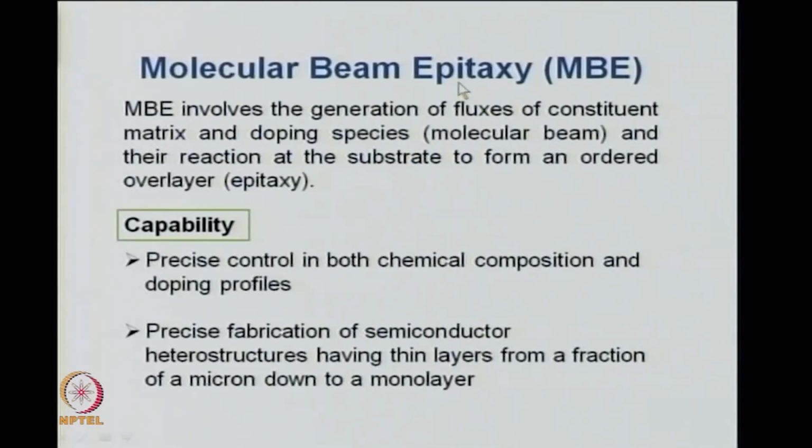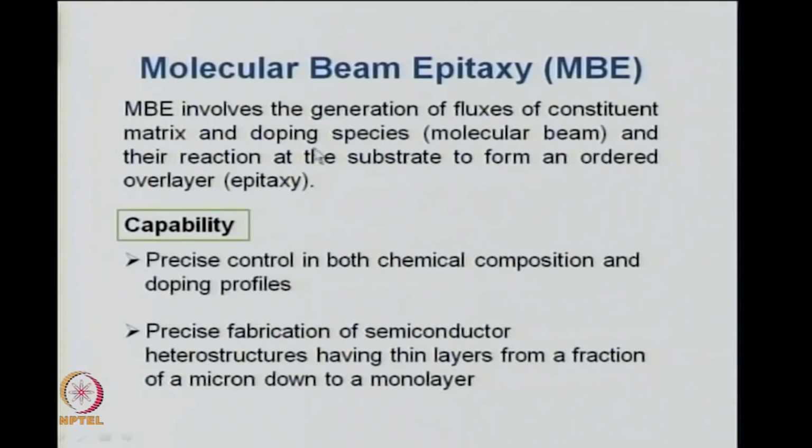By molecular beam epitaxy, MBE, what we mean is that we generate fluxes of constituent matrix and doping species to form a molecular beam, and then their reaction at the substrate.